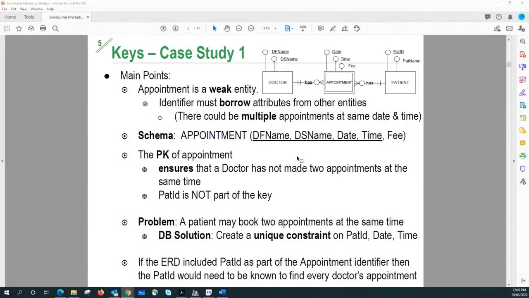How can we make sure that patients are not making a double booking at the same date, same time as well? Because we are not taking the patient ID as a part of the identifier. It actually just comes here as a foreign key, right? So how do we make sure that one patient is not making a double booking with the same date and the same time?